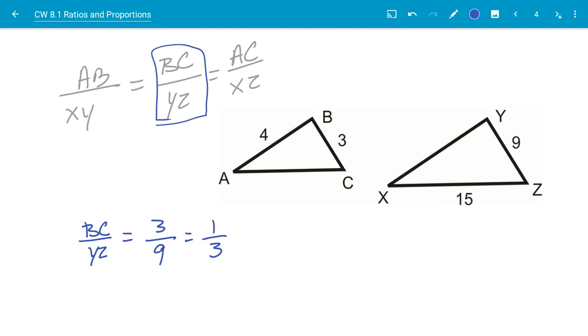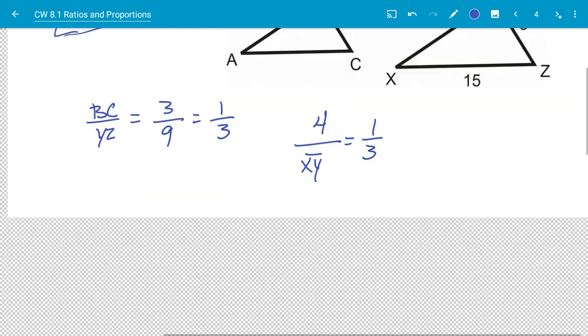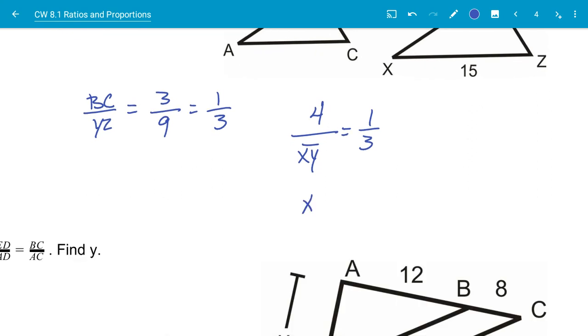Let's find XY first. I'm going to take this proportion here. I know that AB is 4, over XY, which I don't know, but that's equal to BC over YZ, which is 1/3. Now I can cross multiply this and I get XY is equal to 12.